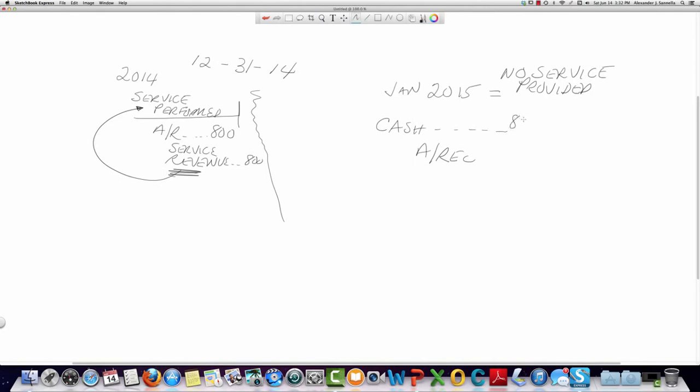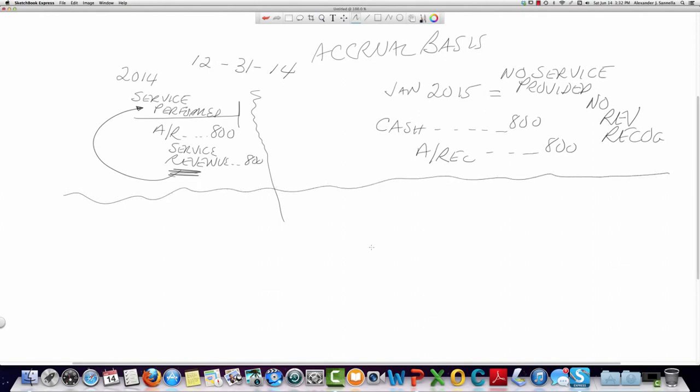Debit to cash for $800 and a credit to the receivable for $800. There is no service provided, so there is no revenue recognized. And that's under the accrual basis. So from an economic standpoint, the accrual basis is absolutely correct.